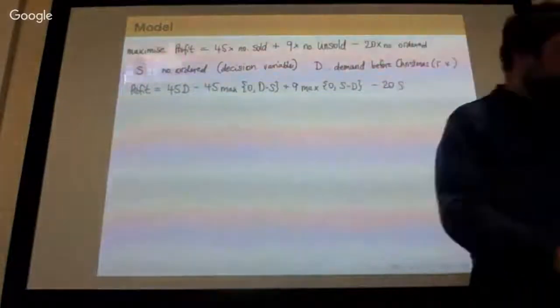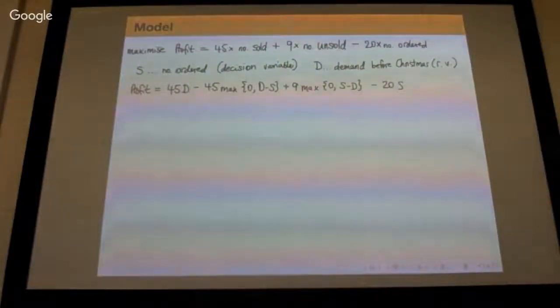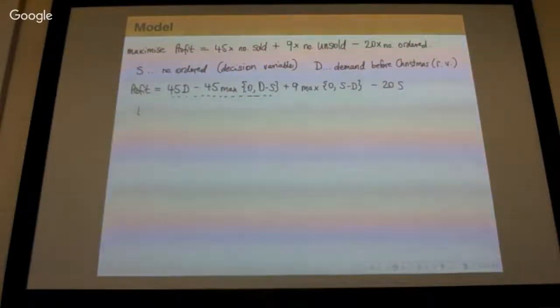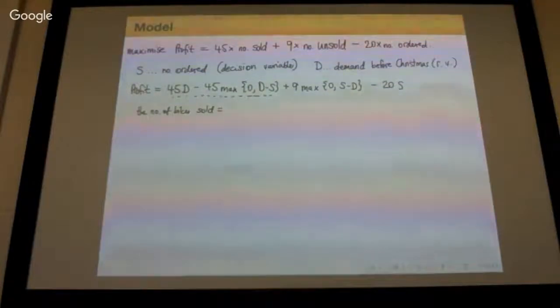So what I'm trying to show is that this will be justified if the number sold is D, take away maximum 0, D minus S.